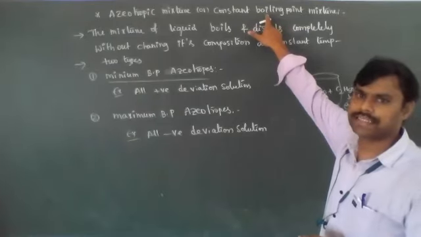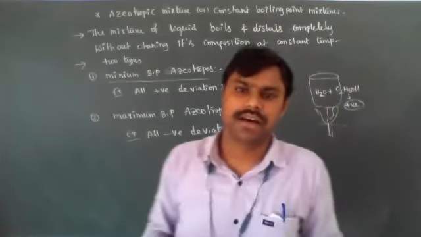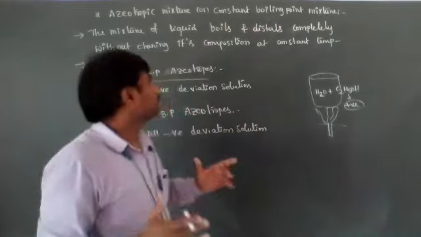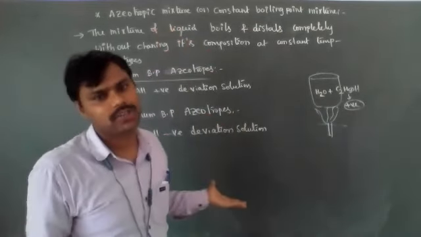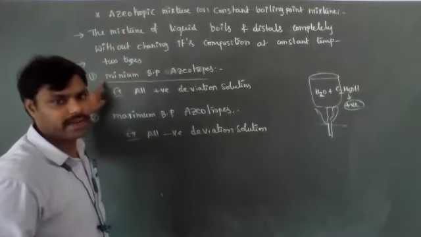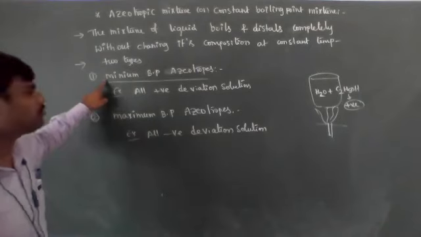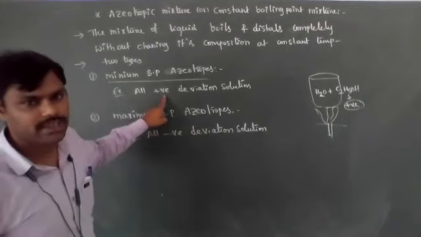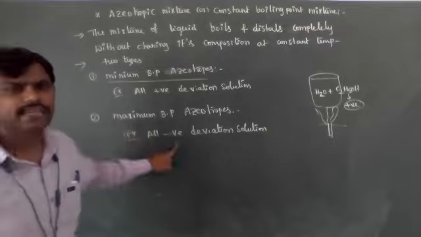These azeotropic mixtures are non-ideal solutions. Again, azeotropic mixtures are two types: minimum boiling point azeotropes, example all positive deviation solutions, and maximum boiling point azeotropes, examples all negative deviation solutions.